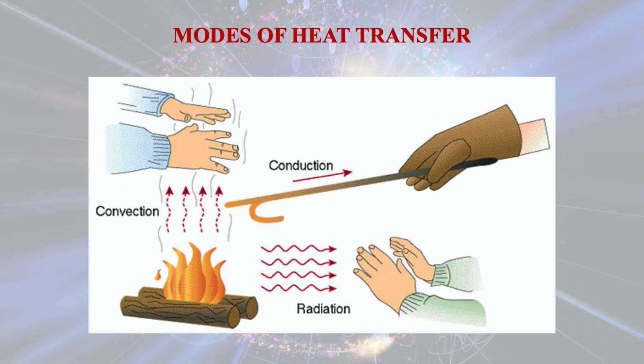So the low density air will move up in the upward direction, and the high density air will come from top to bottom. So there will be circulation of hot air from bottom to top, and again there will be circulation of cold air from top to bottom. So that is the process of the convection mode of heat transfer.